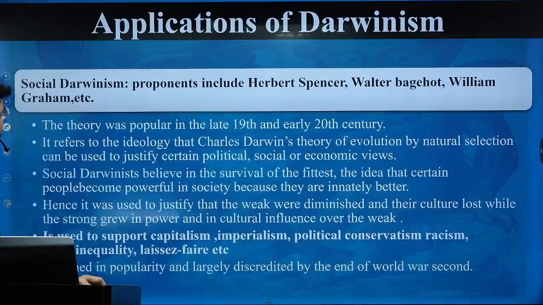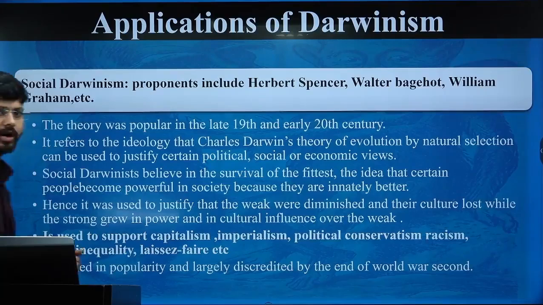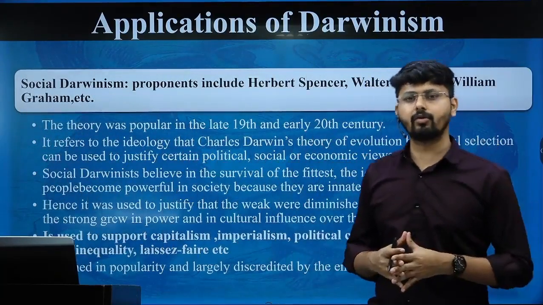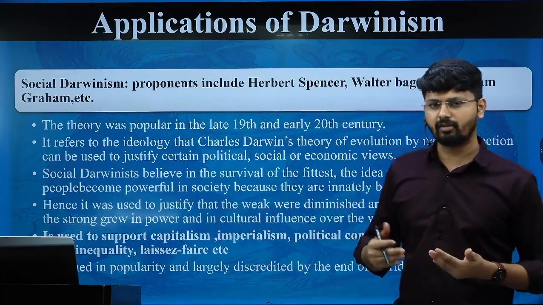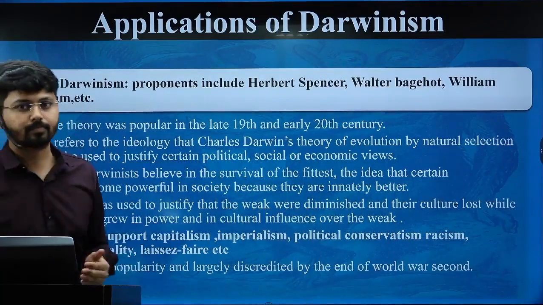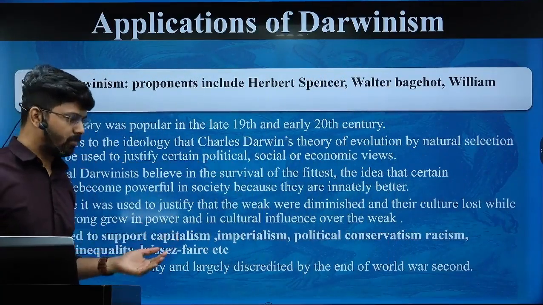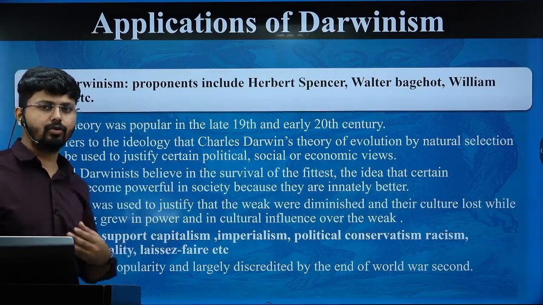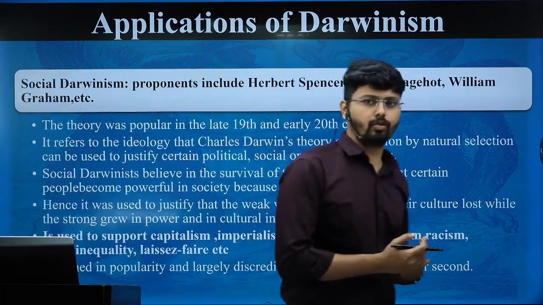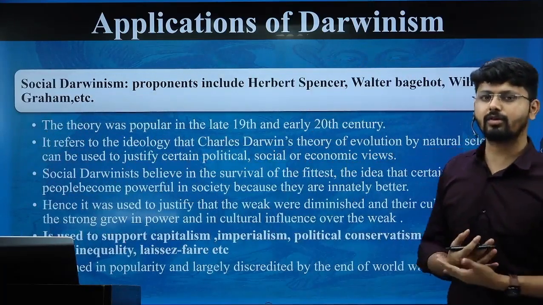So what are the applications of Darwin? You can make a note of them. There are different applications, and because of this, you are trying to prove one group of people more specific and the other group less powerful, and through that you are trying to overshadow the other group by showing that you are superior.